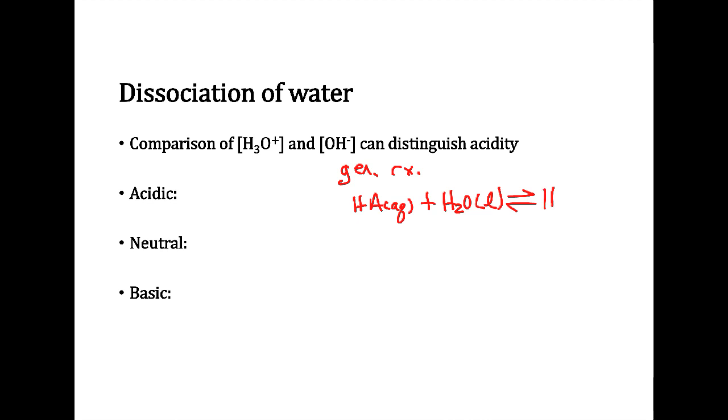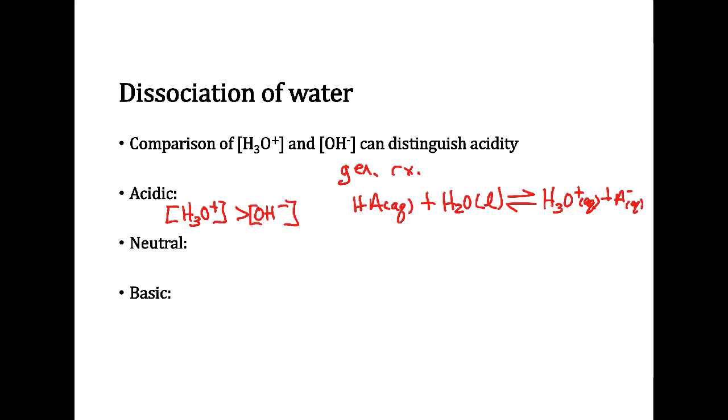So in this case, we're going to be left with our hydronium ion and then our conjugate base. What this means is if we have an acidic solution, so water in the presence of an acid, we're going to increase the concentration of hydronium. So the H3O+ concentration will be greater than the OH- concentration.